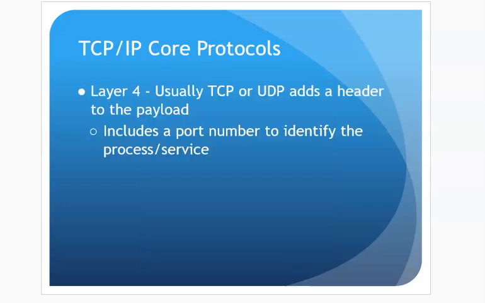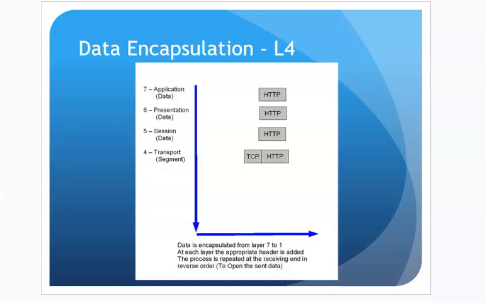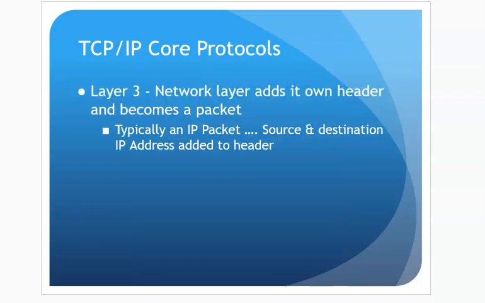As it moves to layer 4 and TCP or UDP gets used, in this case with HTTP traffic, it is going to be TCP. The TCP header gets added to indicate this port number, this process, this service running on the server is the one I want to talk to, either port 80 or 443. Port 80 for HTTP, 443 if it's HTTPS.